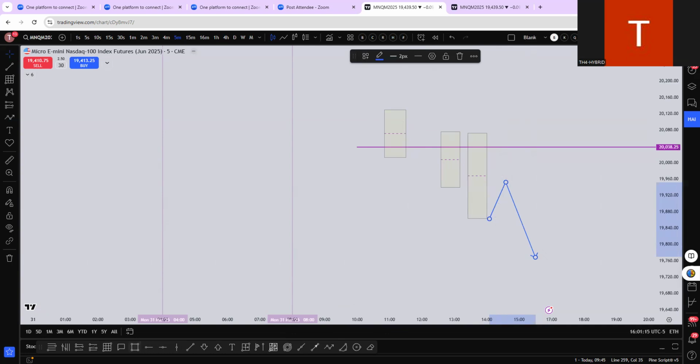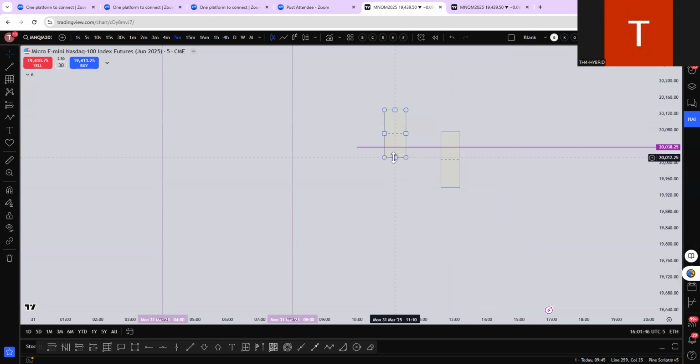Same here. Order block, fair valuation, and we go. When we're wicking, we don't necessarily need this validation. When we're closing, we want to make sure that we're going to continue bullish or bearish order flow. So wicking or creating an order block on the level, two ways to read them.